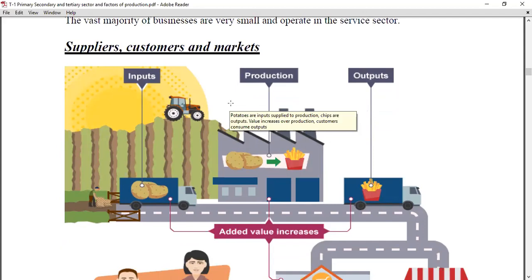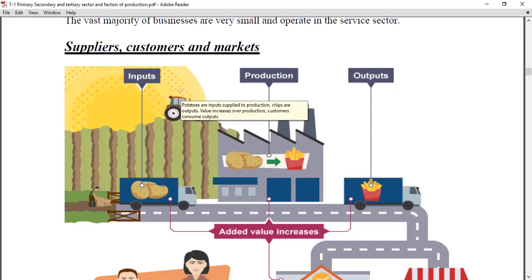In this case we can see transport and logistics. The raw materials and the finished items are delivered by the transport and logistics sector, these containers or lorries. And also we can see the agriculture sector here, using tractors.